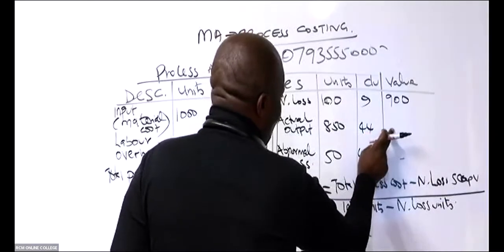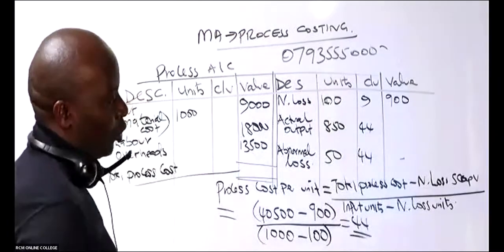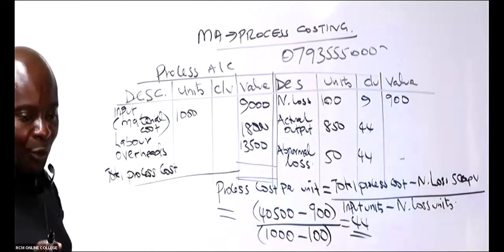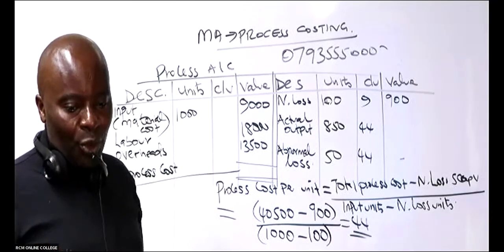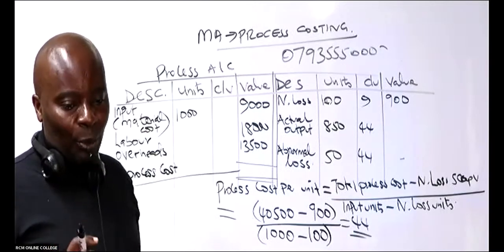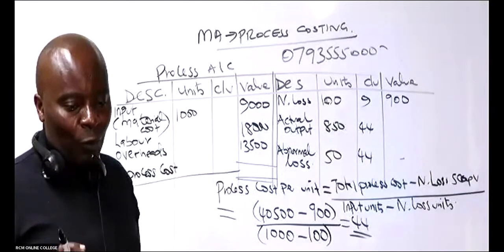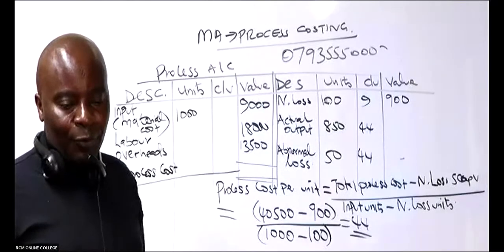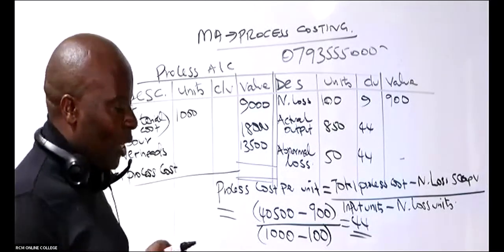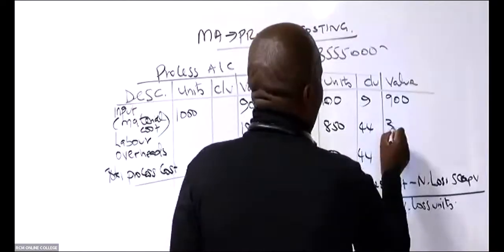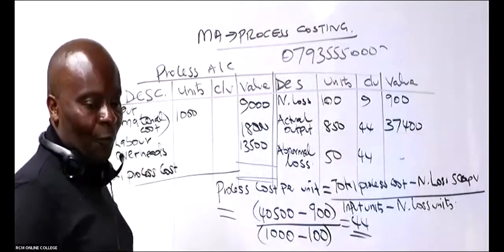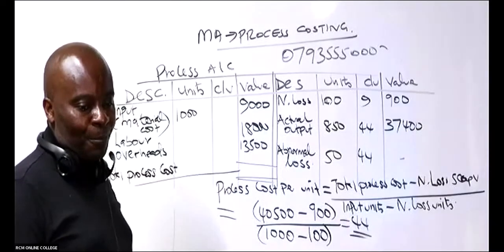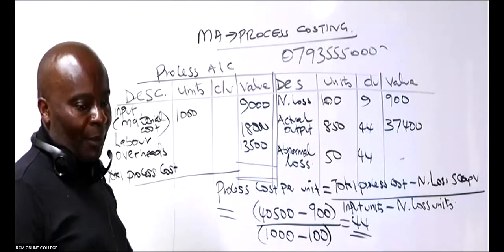And then you do your multiplications and give me the totals. So what will be the total value of actual output? 850 times 44, 37,400. And then 50 times 44, because remember, this is per unit.